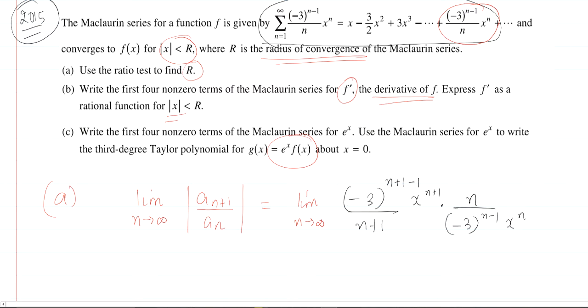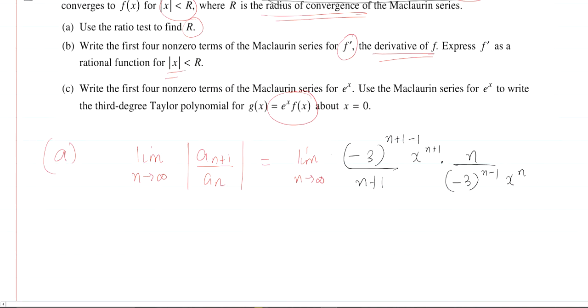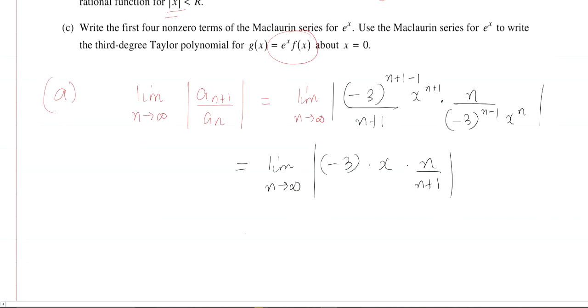Okay, and we can just take a look at what the series approaches. Take a look at the absolute value of the series, and what we end up with is this, the limit as n approaches infinity. Now when I divide the negative 3 to the n plus 1 term by the other one, all we're left with is negative 3. On the other hand, we're left with x from the x to the n plus 1 divided by x, and then we have n over n plus 1, and all this, as you see, will approach 3 times x.